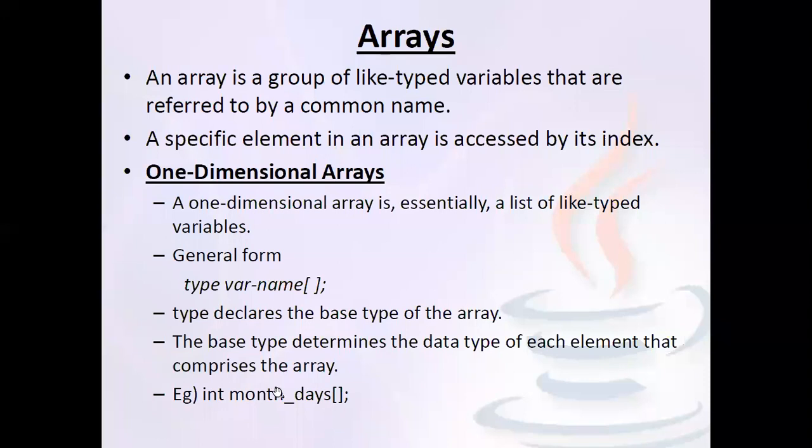For example, int month_days. For a month like January, you can say the days are 31. February might be 28 or 29, depending upon whether it's a non-leap year or a leap year. Something like that.